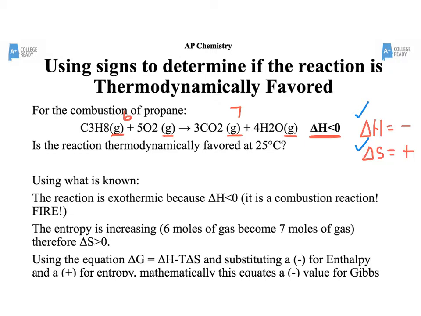Yes. If we substitute into delta G equals delta H minus T delta S a negative for enthalpy and a positive for entropy, mathematically that would give us a negative delta G. And since delta G is negative, what can we say about this reaction? It is thermodynamically favored.